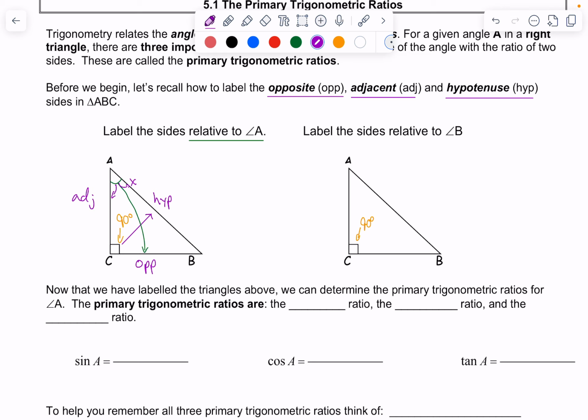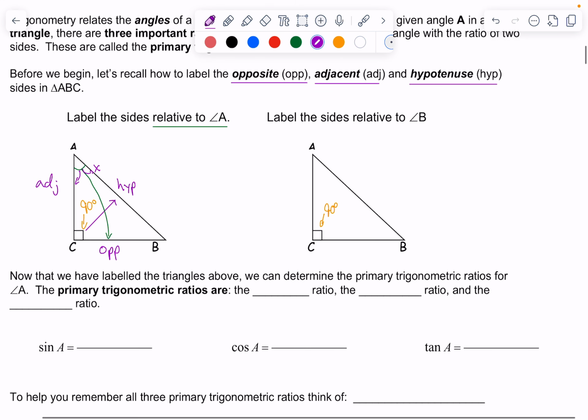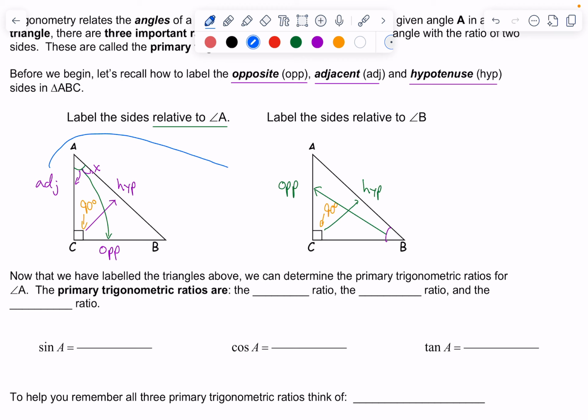All right? So let's see what happens when we do it relative to angle B. This is angle B right here. Across from the 90 degrees is always our hypotenuse. But now, across from angle B, this side length is our opposite. Notice that in the exact same triangle, these are identical triangles, it was the adjacent, and now it's the opposite.